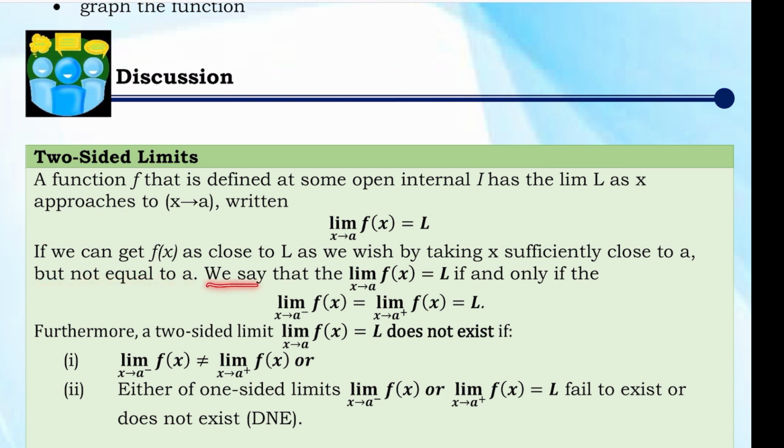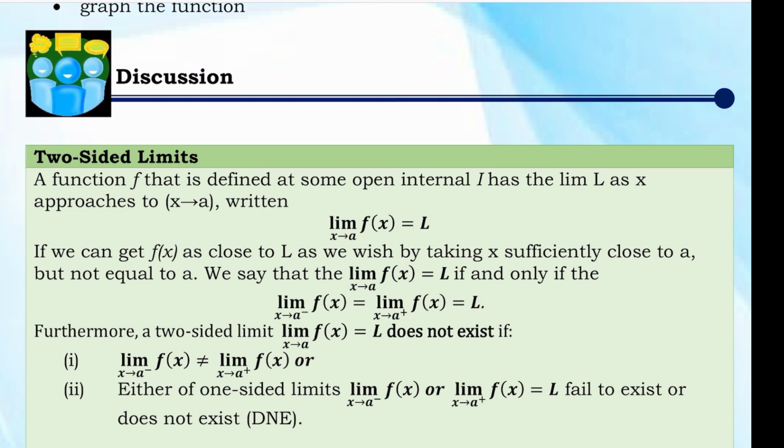We say that the limit of f of x as x approaches a is equal to L if and only if the limit of f of x as x approaches a from the left is equal to the limit of f of x as x approaches a from the right, which is equal to L.